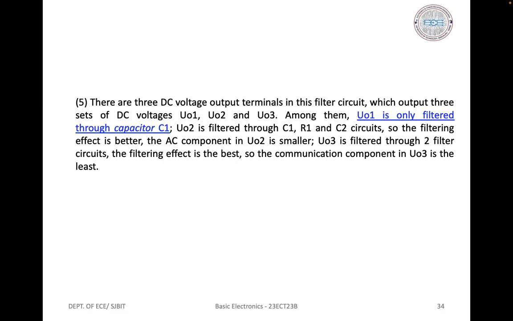So there are three DC voltage output terminals in this filter circuit, which output three sets of DC voltages: U01, U02, and U03. Among them, U01 is only filtered through capacitor C1.